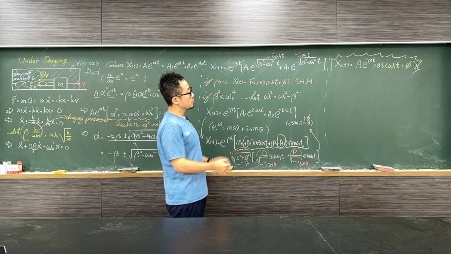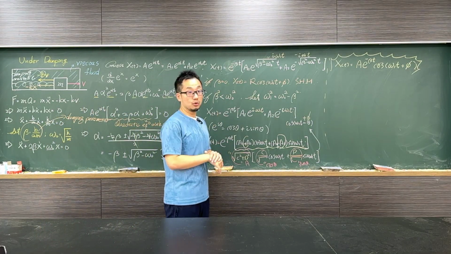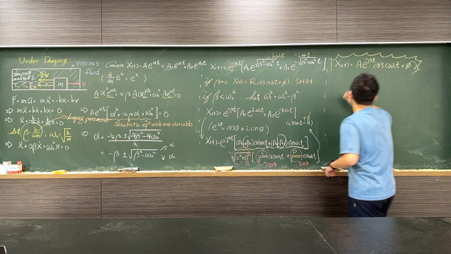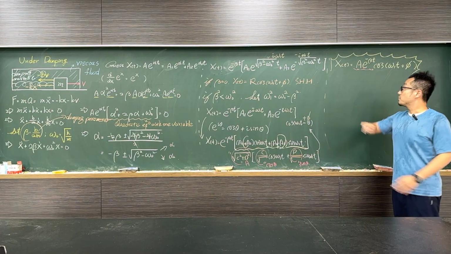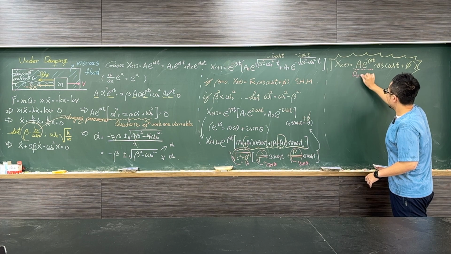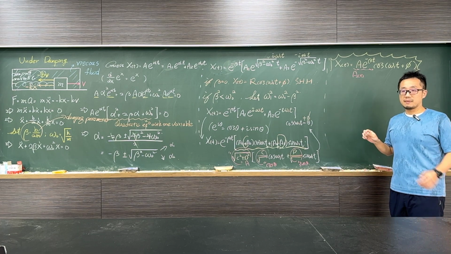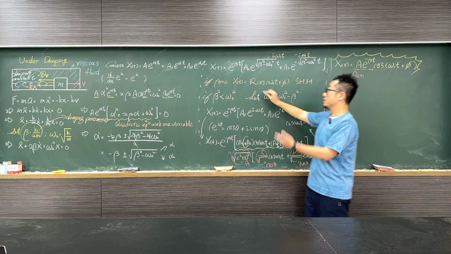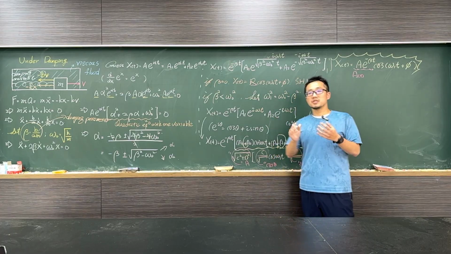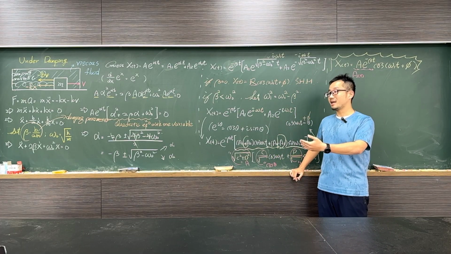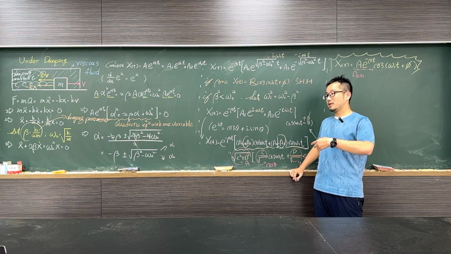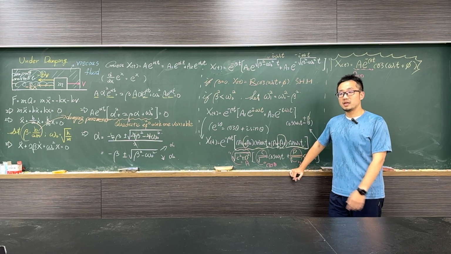And how to understand the final solution? The first term, A times e to the minus beta t, can be realized as the amplitude as a function of time. For simple harmonic motion, the amplitude is a fixed value. It never changes, because simple harmonic motion does not lose mechanical energy.